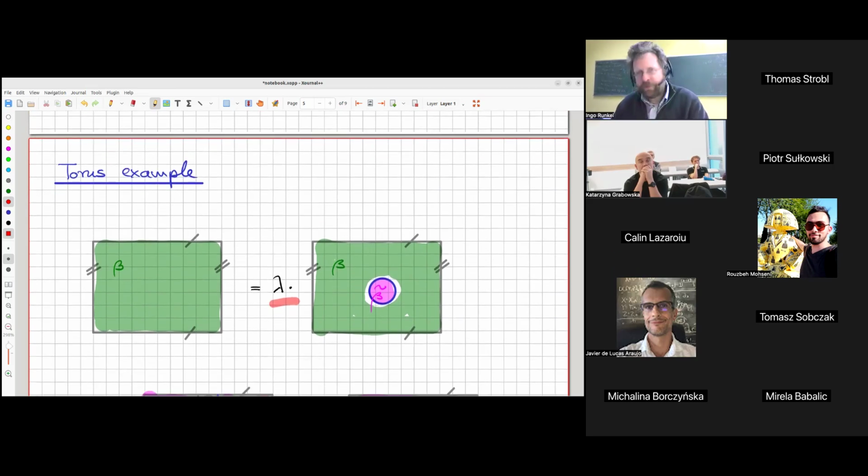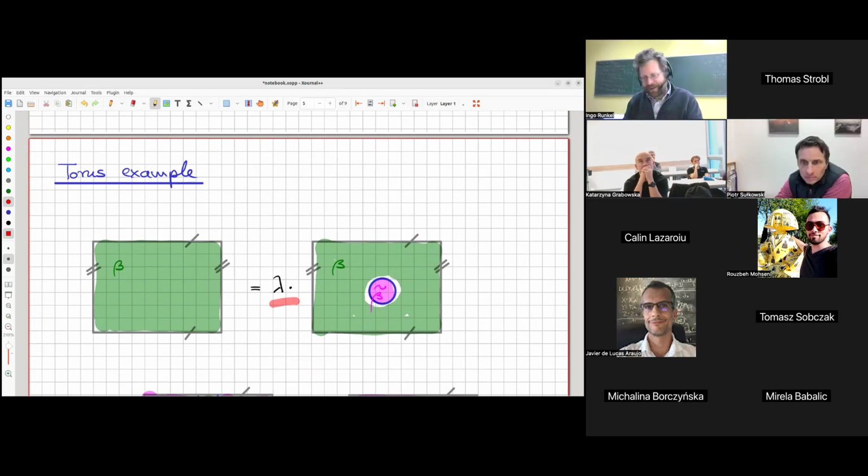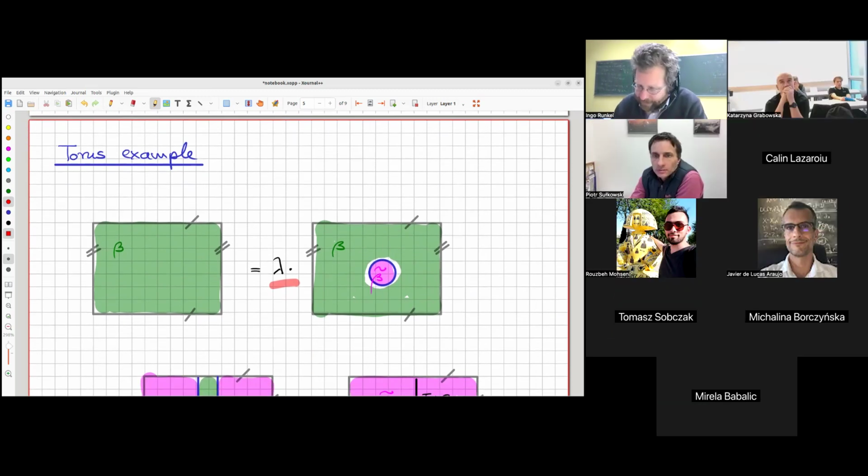Okay, it would also work for correlation functions, but my calculation would look different. So I'm hesitating a bit to say the same works for correlation functions. The answer is yes, but my computation would look different. Does lambda depend on the number of lattice sites?